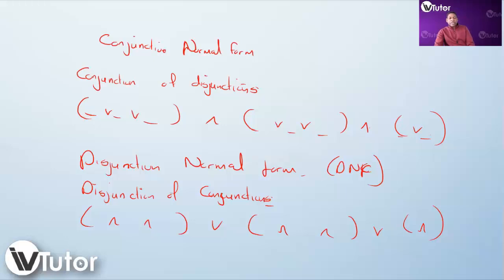Now we need to look at what leads us to that. A clause in disjunctive or conjunctive normal form can only have a literal, a propositional statement, or a negation of a propositional statement.